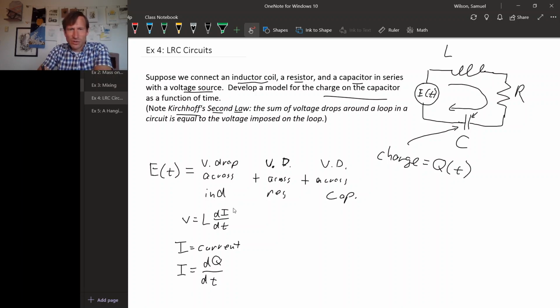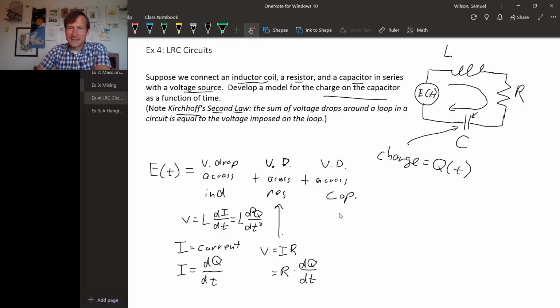That means the voltage drop across the inductor is L times the rate of change of current, which is L times the second derivative of Q. Now what about the voltage drop across the resistor? Well, that's just Ohm's law, so the voltage drop across the resistor is the resistance times the current, but again, in this situation the current is dQ/dt.